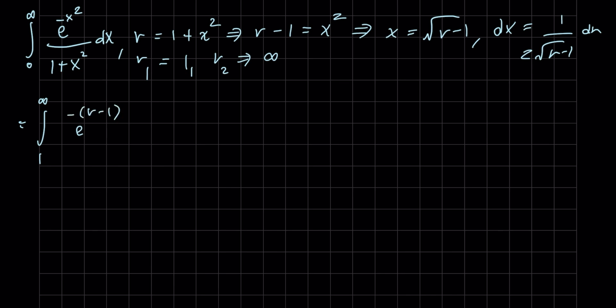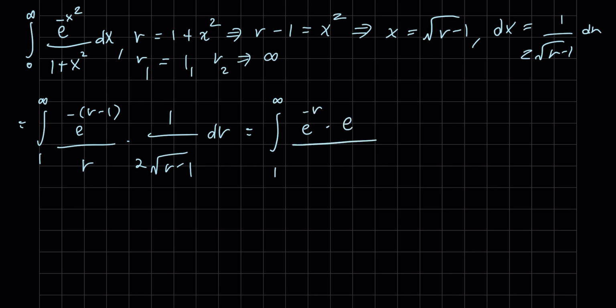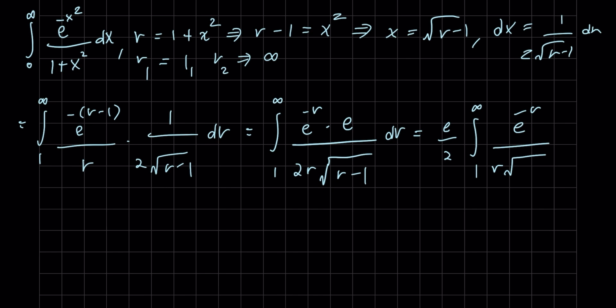That's r minus 1, over r times 1 over 2 times the square root of r minus 1 dr. We could rewrite this as the integral from 1 to infinity e to the negative r times e over 2r times the square root of r minus 1 dr. But that's e over 2, the integral from 1 to infinity e to the negative r over r times the square root of r minus 1 dr.